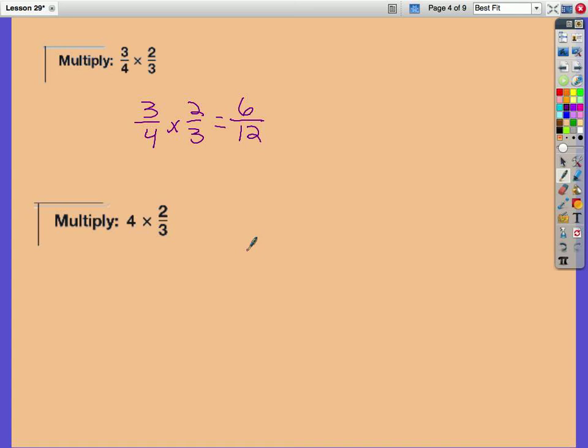But another way is by a common factor. I know that 6 goes into both 6 and 12, so I'm going to divide both the top and the bottom by 6. 6 divided by 6 is 1, 12 divided by 6 is 2.